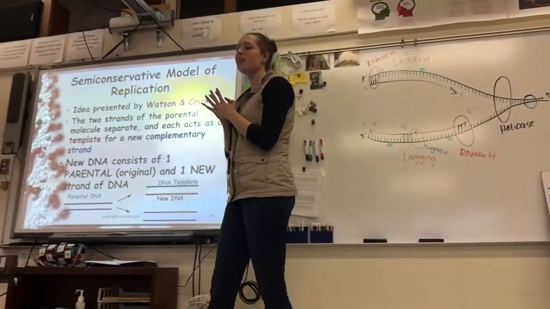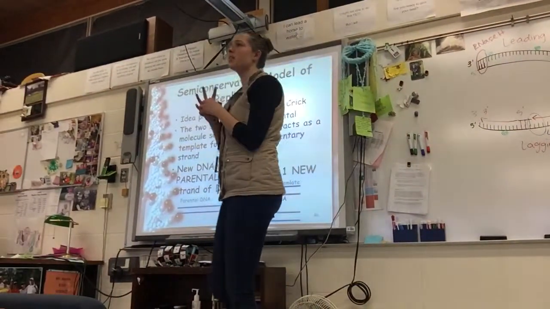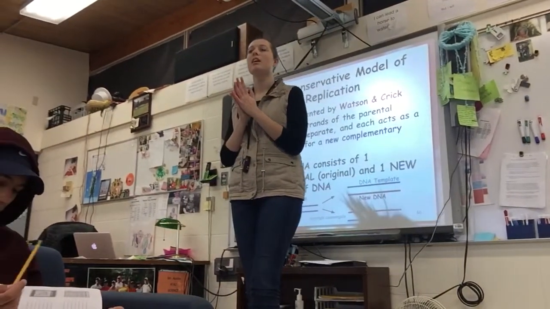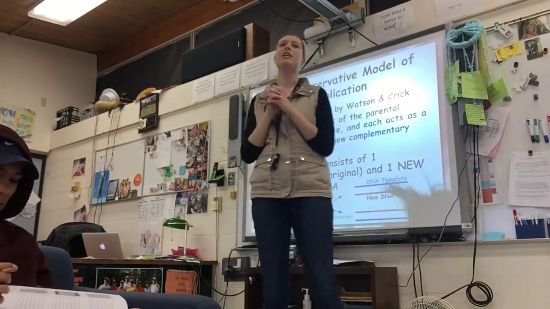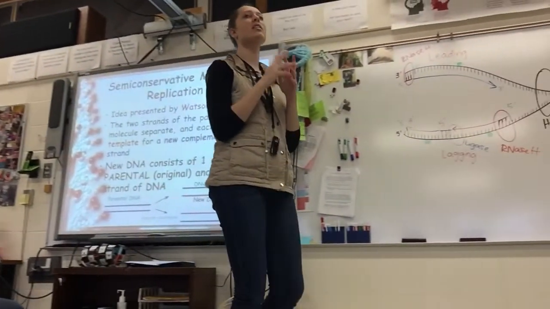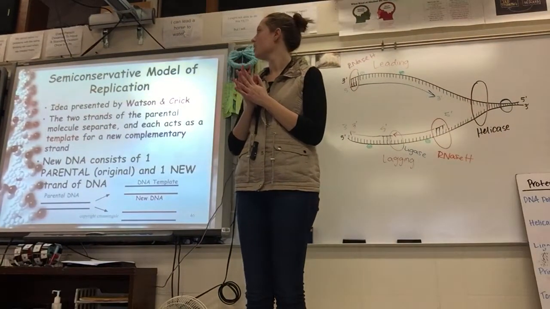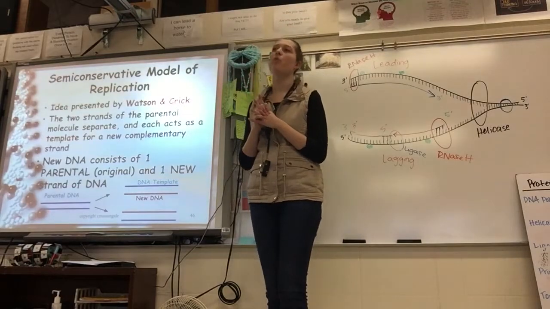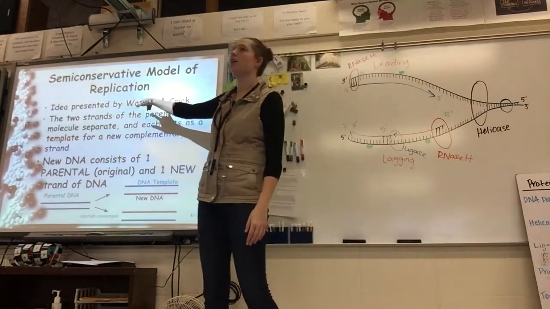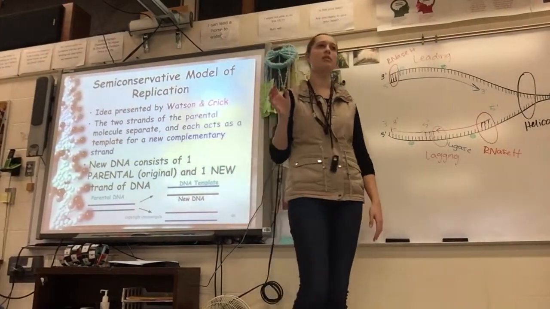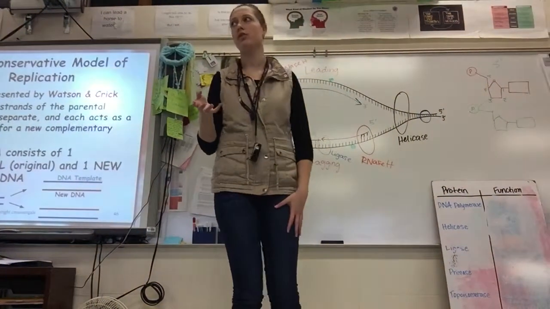I think this is one of the last things that we need to talk about with our DNA replication. It's this idea of our DNA replicating in a semi-conservative manner. Okay? So semi-conservative was presented by Watson and Crick, who you remember were the ones that figured out all of the structure of DNA.